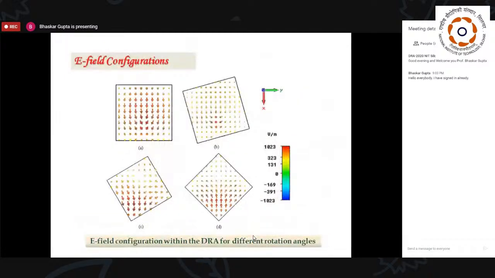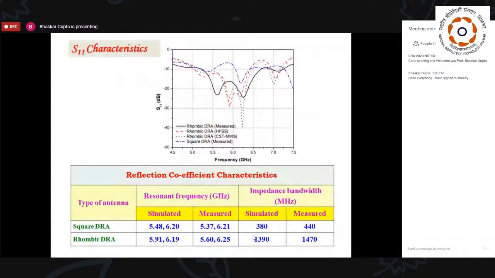You see the E-field configurations corresponding to different rotation angles, showing how the two orthogonal modes are generated when the structure is made to occupy a rhombic position. And by simply following this technique, which is quite simple but quite innovative, we could get indeed wideband characteristics, as shown by the S11 characteristic here.